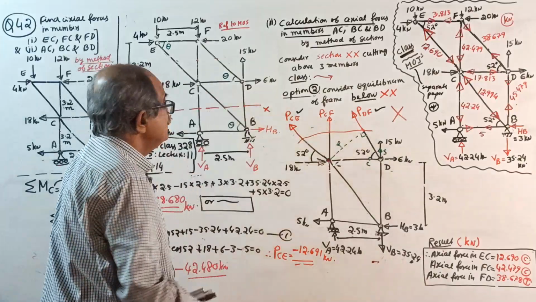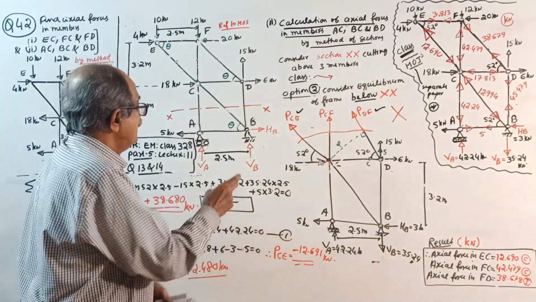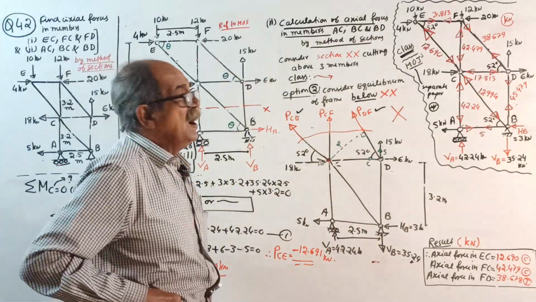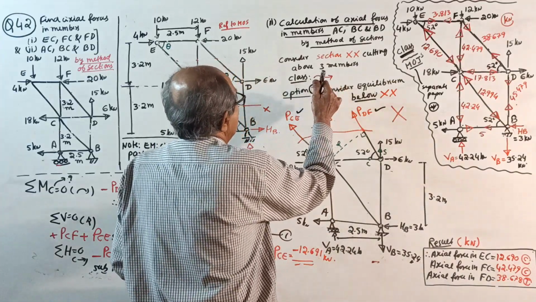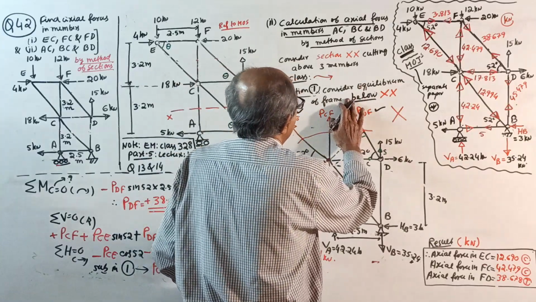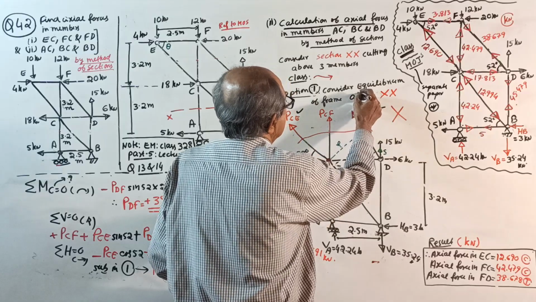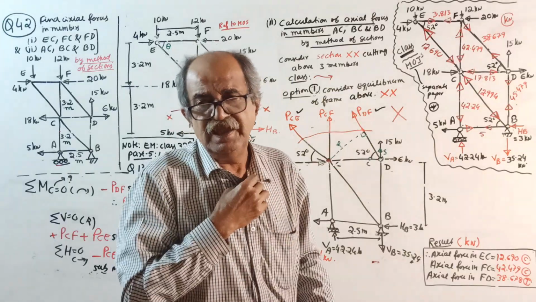Looking at the lower side is small, easy, but reactions are required. So option 1, I will look at the upper side only. Why? For those who do not want to find reactions, the frame above XX. Now I will write and explain. Again, time saving.